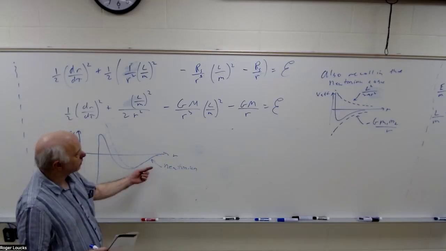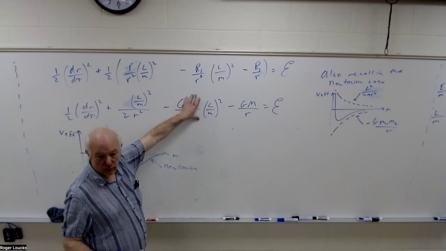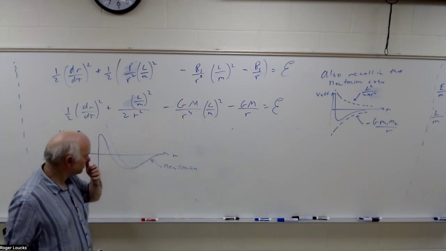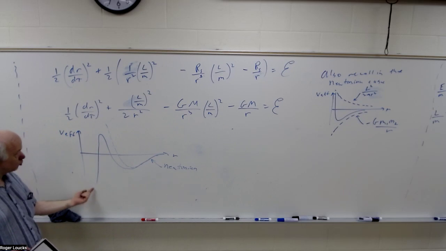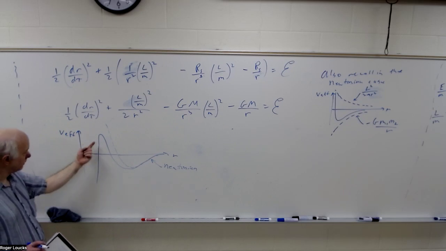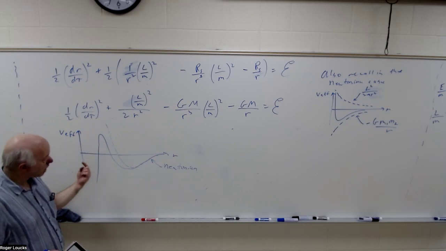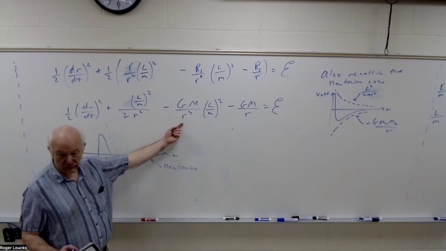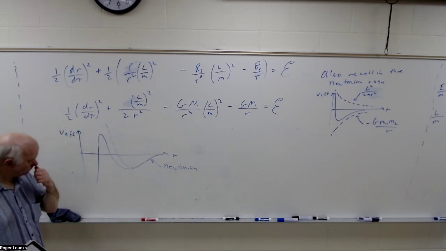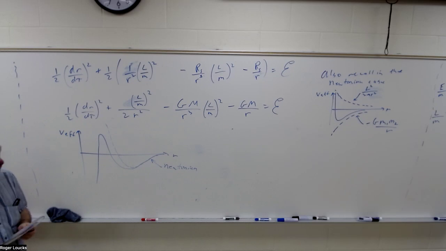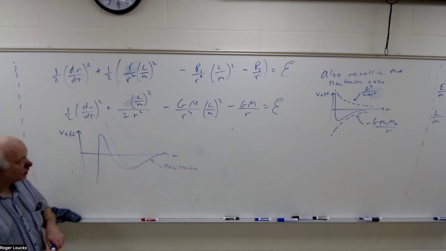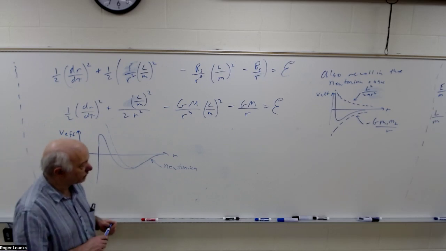What's going to happen if R becomes large is that this term becomes small. There's going to be something like this, and this dip here is caused by this term here, which is negative and goes as 1 over R cubed. You can already see one difference here.